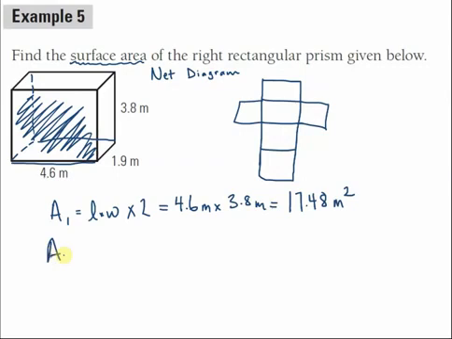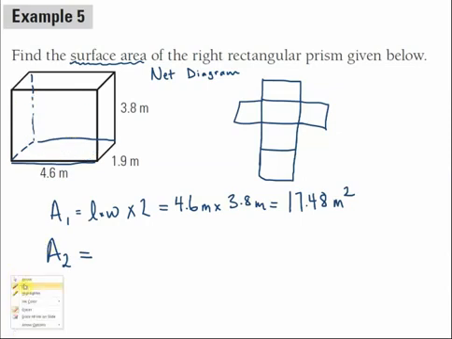Area 2. I'm about to change colors so you can see what we're doing here. I'm going to erase that stuff now. Alright, I'm going to change my ink color to a nice ugly green. Now, I see that I've got a side here, and I have a corresponding side here.